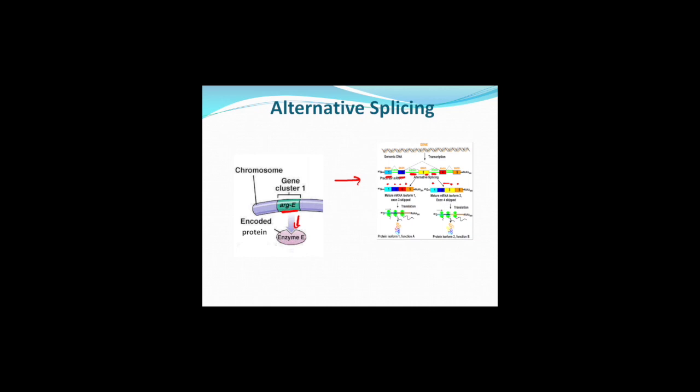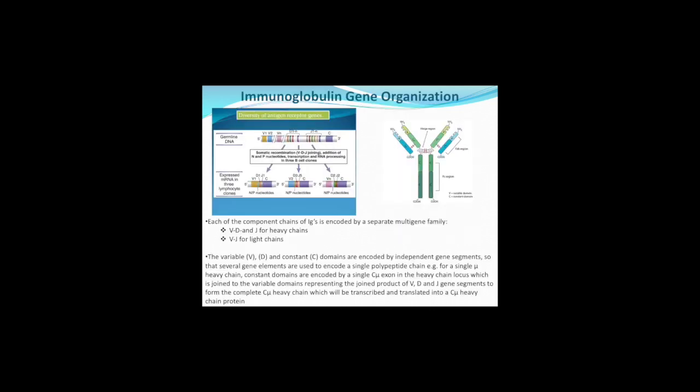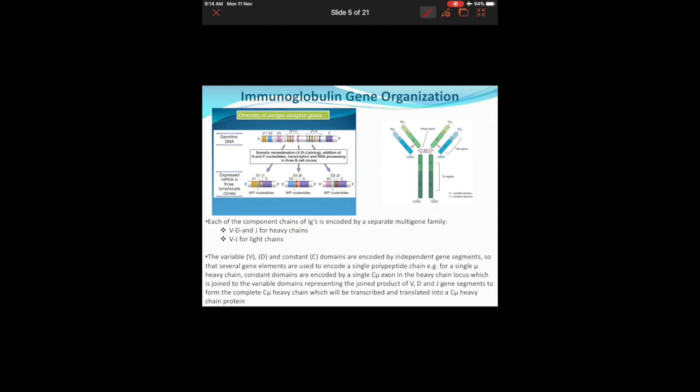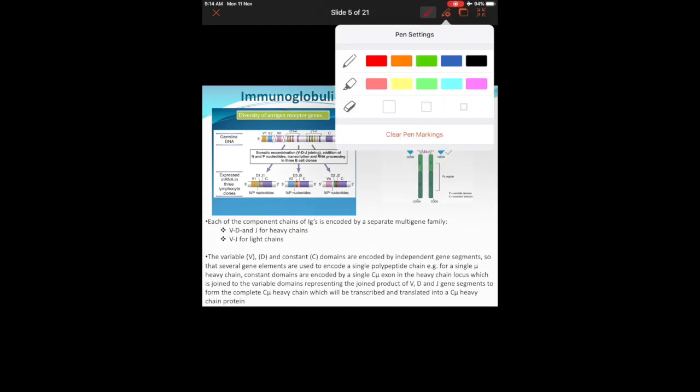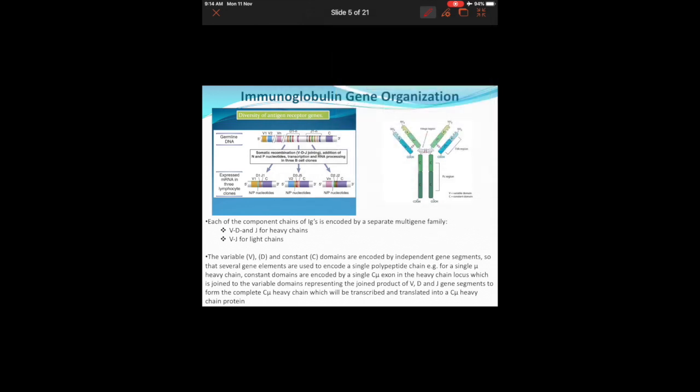Right? So in the same manner, the information coding for the variable region of the antibodies is composed of three segments or regions called the variable, diversity, and joining regions.